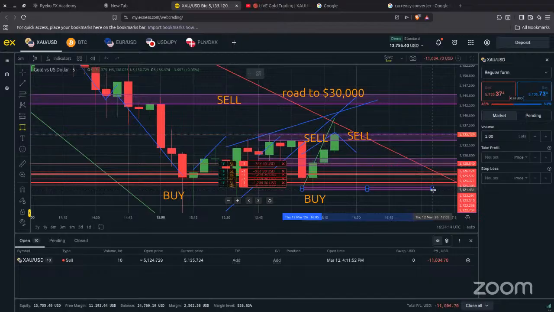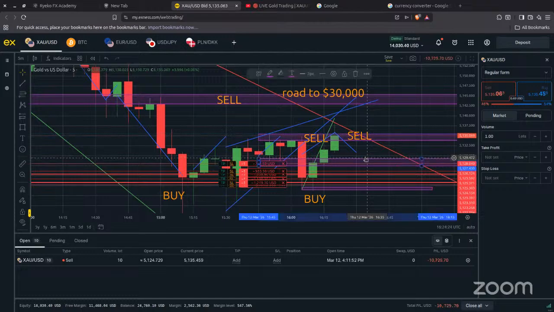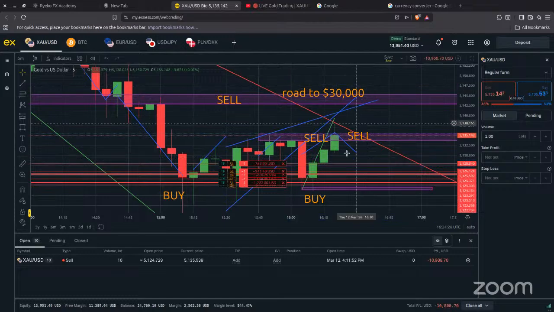It was at that zone. So I do not expect it, if it closes above, then we are in trouble. It's coming back down now. Yeah, it is just testing, so it's coming back.